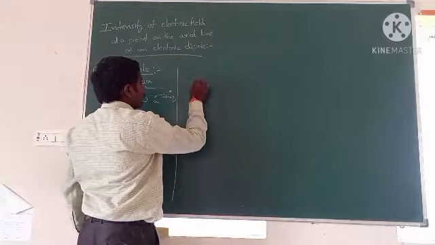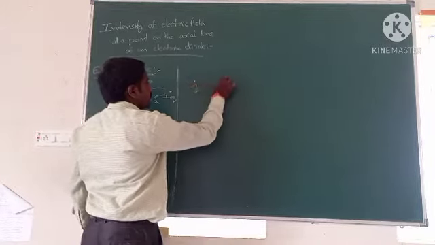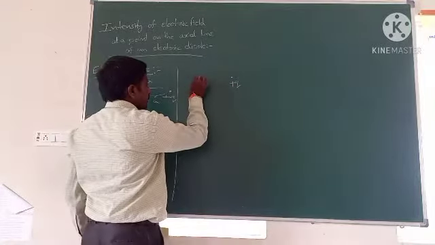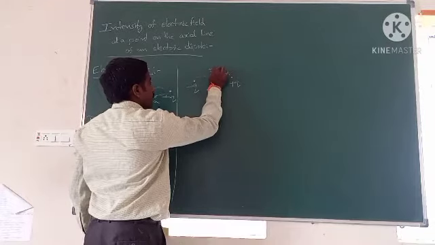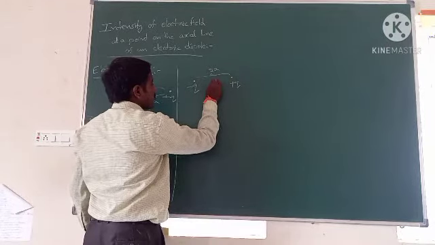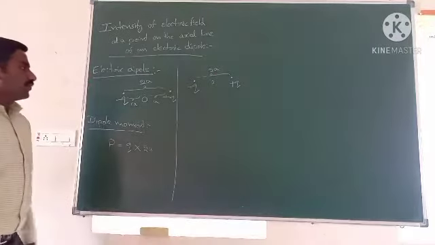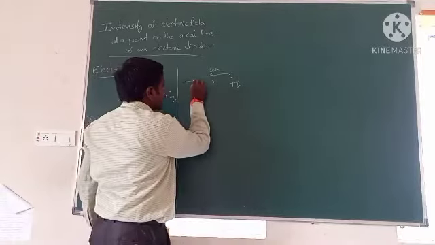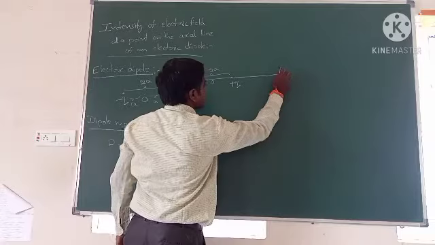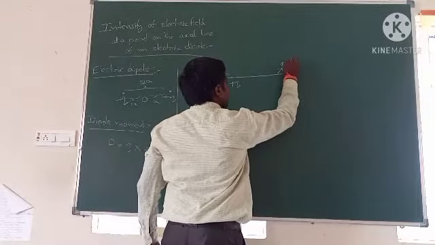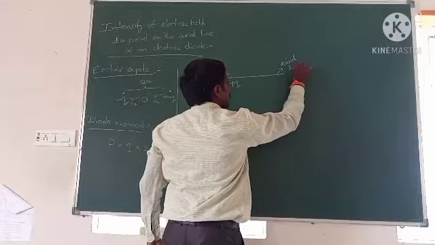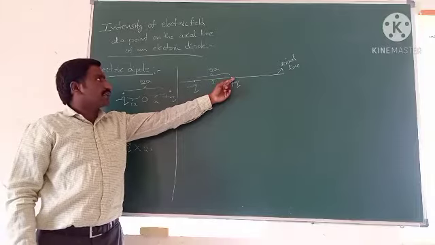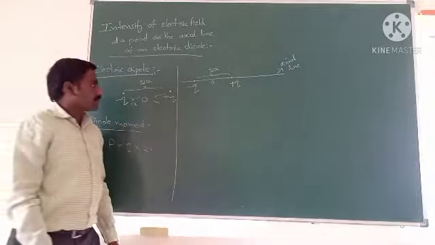This is minus q charge and this is plus q charge, the distance of separation is 2a, and this is the center point O of the dipole. The axial line is the line passing through the two point charges of an electric dipole.